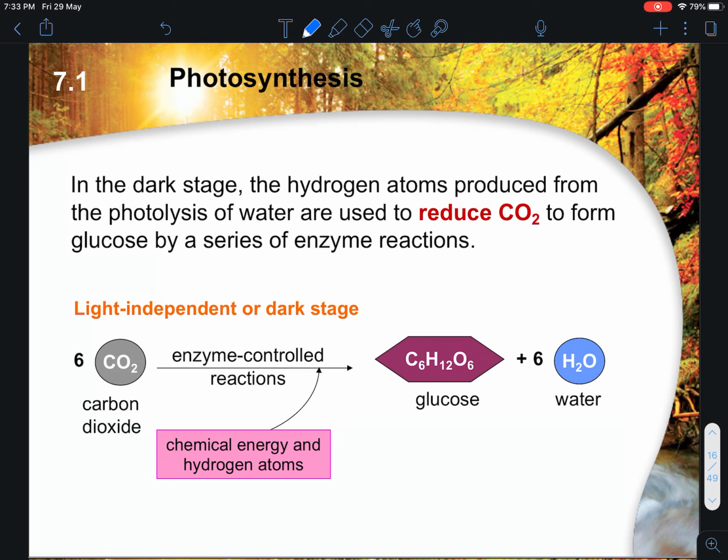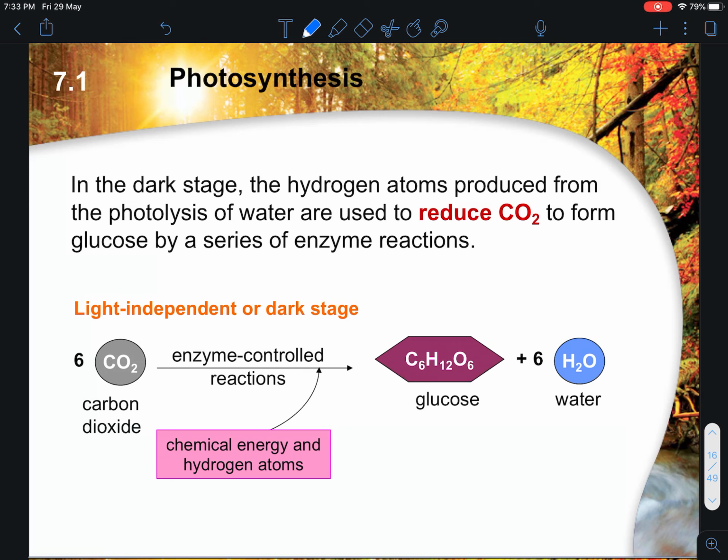That means carbon dioxide is reduced by hydrogen atoms to form your glucose and water. This whole thing is controlled by a series of enzyme reactions. The whole series of enzyme reaction steps is not going to be tested for your O level. You just need to know that for carbon dioxide gas to become glucose and water, it requires the use of hydrogen and enzymes. That's all. This is the dark stage, or the light independent stage.